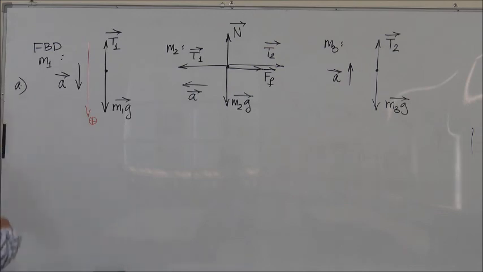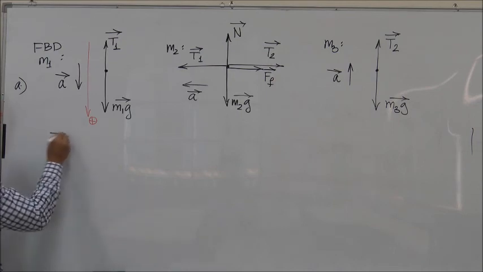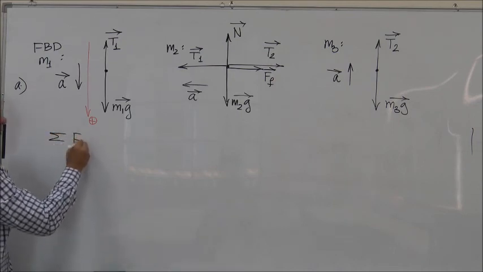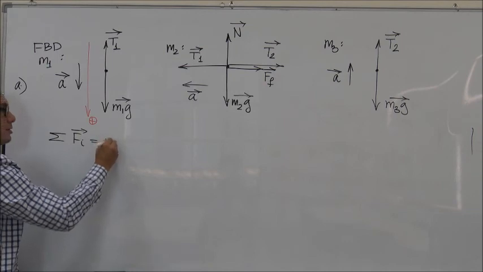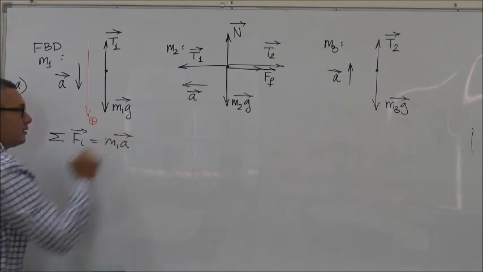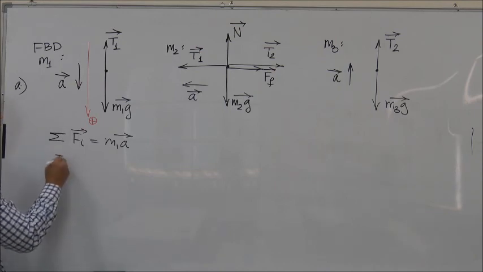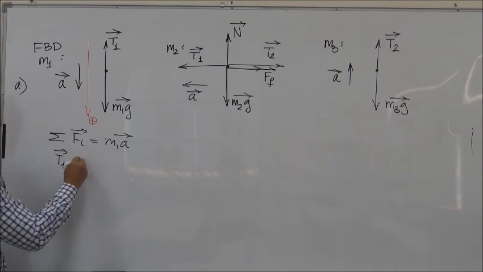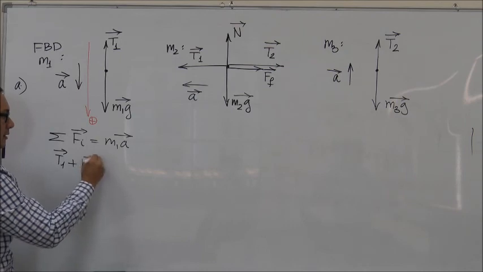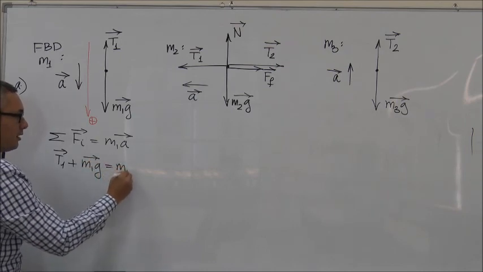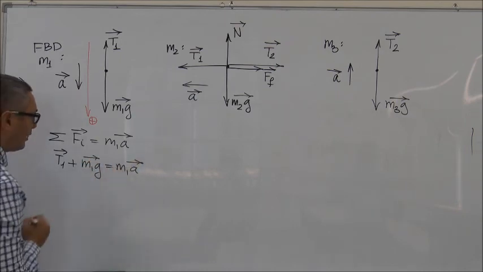So let's write down Newton's second law for the first mass. The sum of all forces equals m1 times the acceleration. What are the forces? It's the tension 1 plus m1 g equals m1 a.